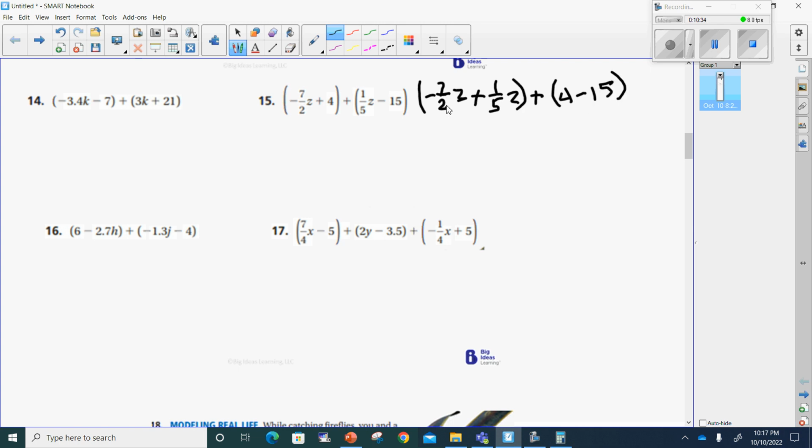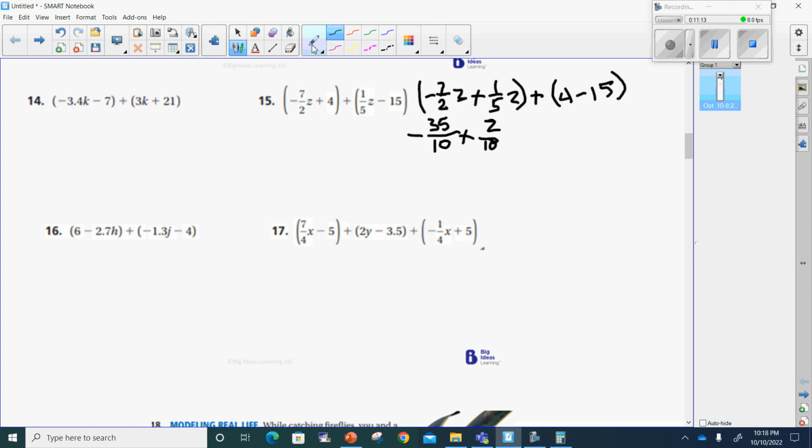All right, I need like terms, or common denominators, so I'm going to go with 10. 2 times 5 is 10, so 7 times 5 would be 35. And remember, this is a negative, so I have to make it a negative 35 over 10. This is going to be added to, well, 5 times 2 is 10, so 1 times 5 will be 5. Oh, I'm sorry, 5 times 2 would be 10, well, 1 times 2 would be 2.